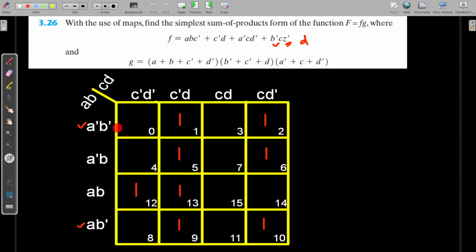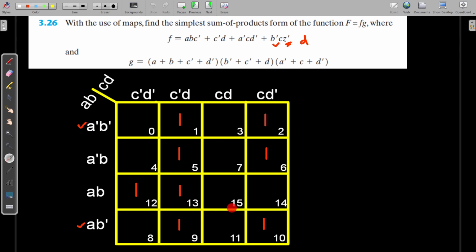These two rows consist of this b', and then we should look for the c d', which is this one. So the second cell and the 10th cell are now marked with ones. So we have placed ones corresponding to this function which is given in SOP form.